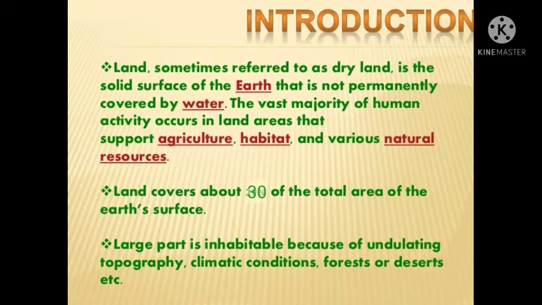Students, earth's 90% of life inhabits only about 30% of all the land available to us. Why? This is because landforms and climate vary, which causes the use of land to vary as well and makes it usable or unusable.